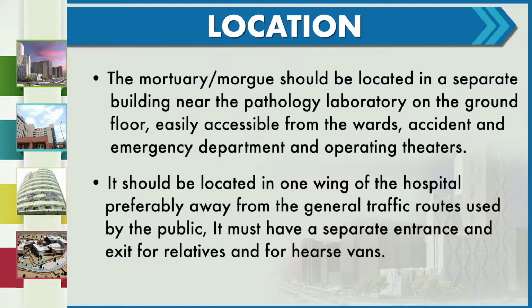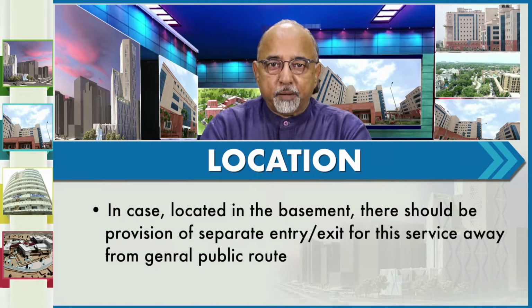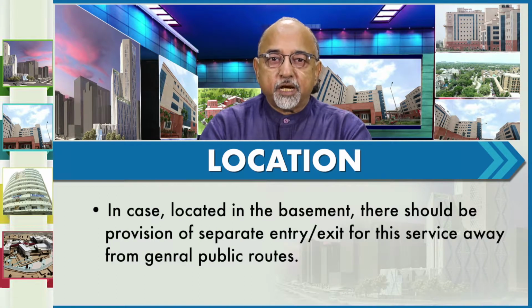It must have a separate entrance and exit for relatives and for hearse vans. In case located in the basement, there should be a provision for separate entry-exit for this service away from general public routes.